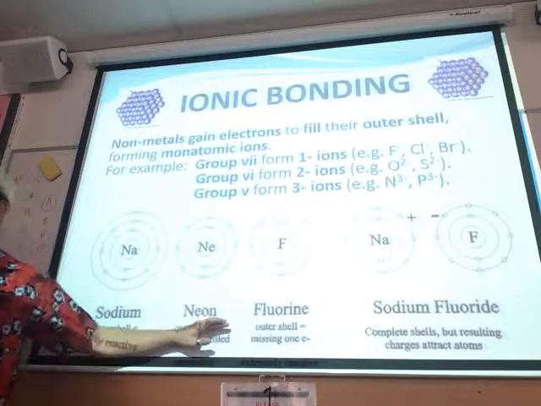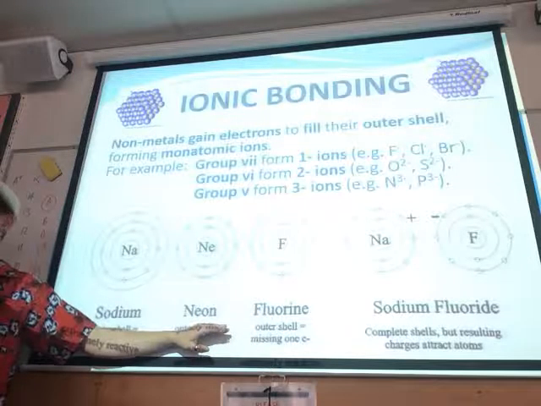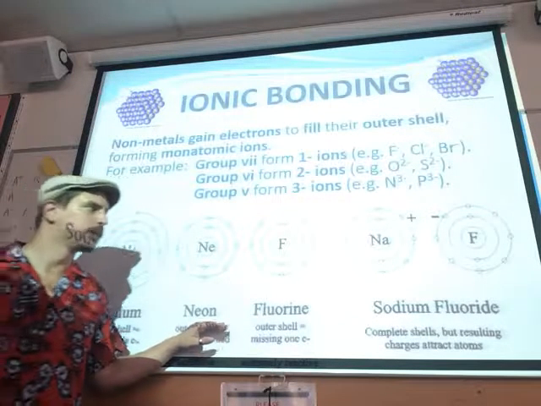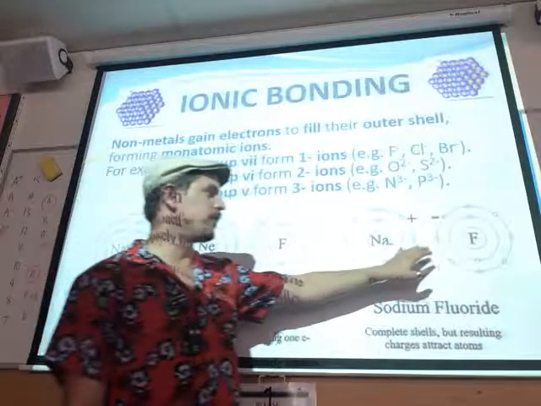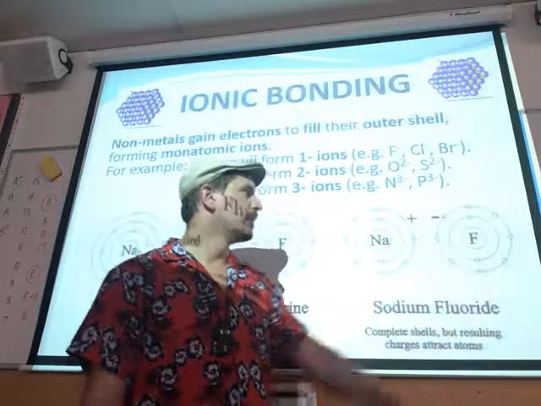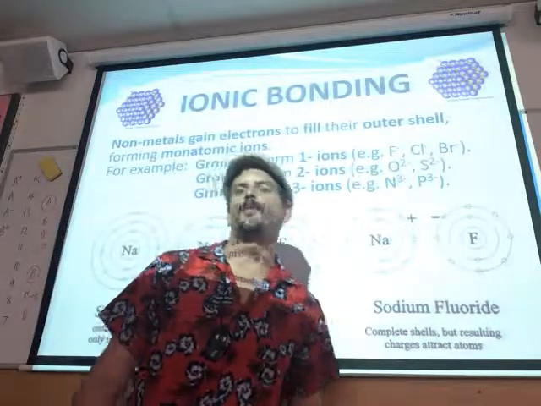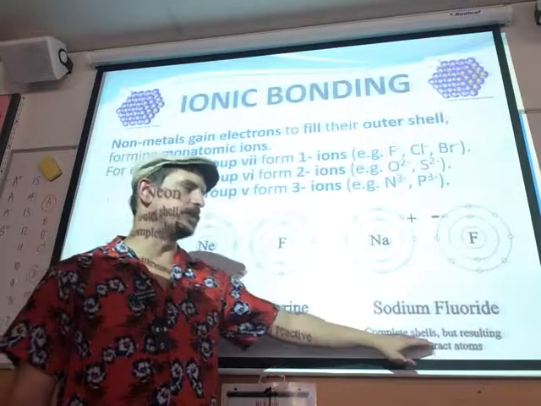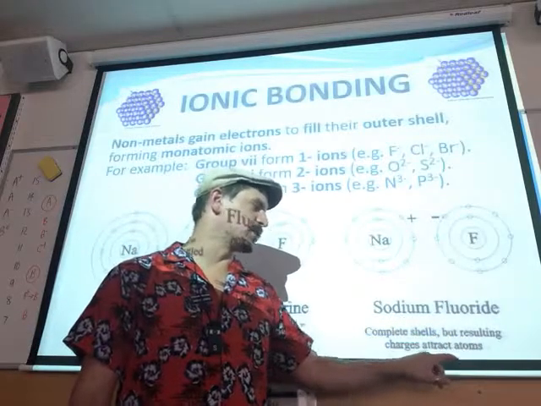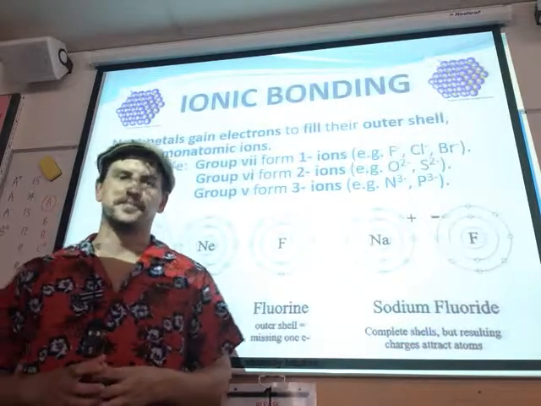Neon's not going to have any of it because neon's already happy with its 8 in its outer shell. It's a noble gas, that's why they don't react. And you'll end up forming sodium fluoride because those charges will then attract each other. So they'll have complete shells, but resulting in charges that attract the atoms.